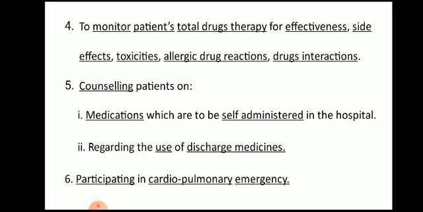That has to be properly counseled and told to the patients taking self-administration. Counseling is also done for discharge medication, because after getting discharged, patients have to take the medicaments on their own at their homes. Again, this has to be properly told by the pharmacist to the patients.